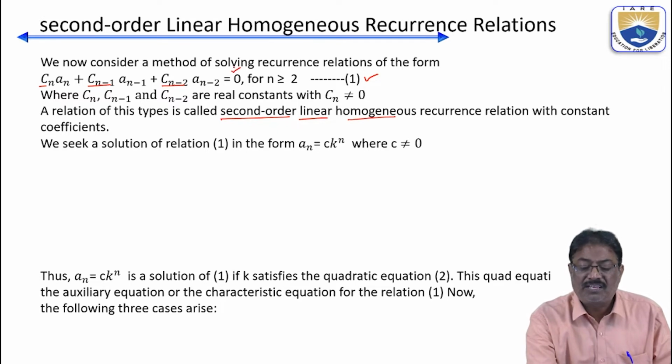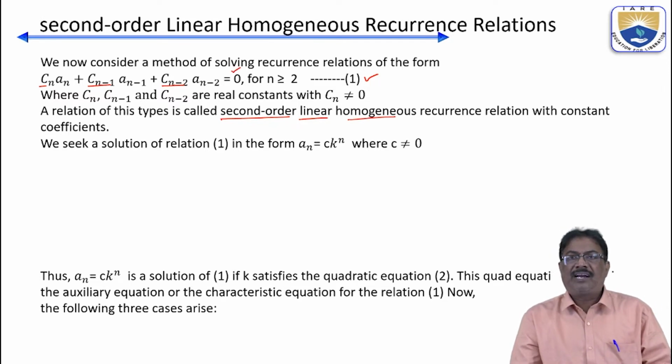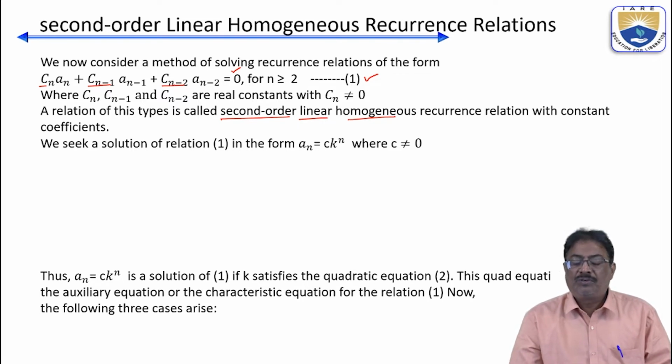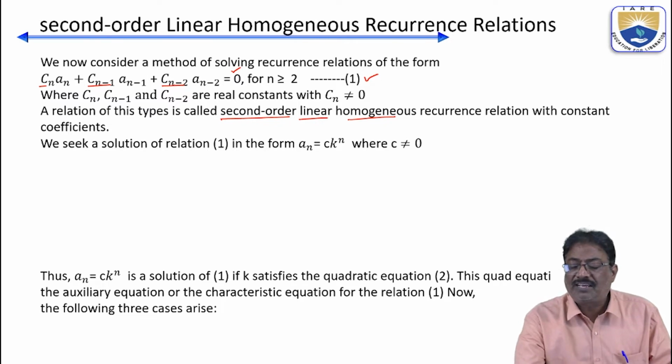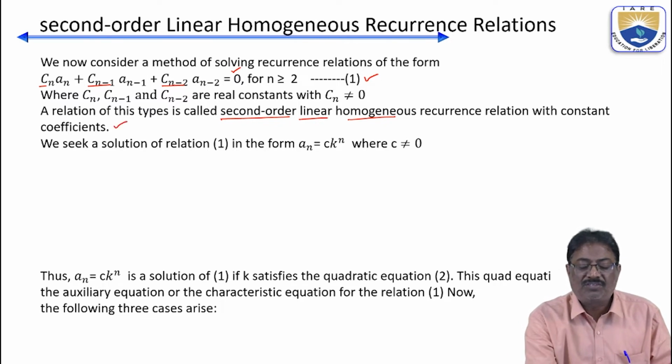Why homogeneous? There is no function on the right side; it will be 0, or f of n is equal to 0. So we are calling it homogeneous. So this is a second order homogeneous recurrence relation with constant coefficients.